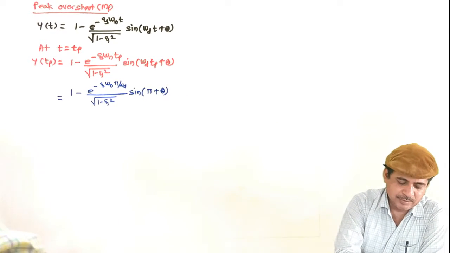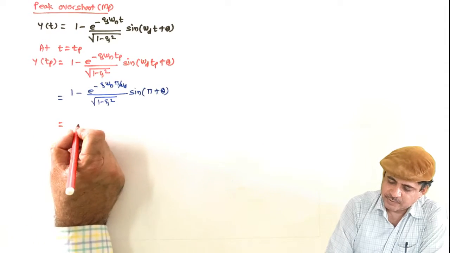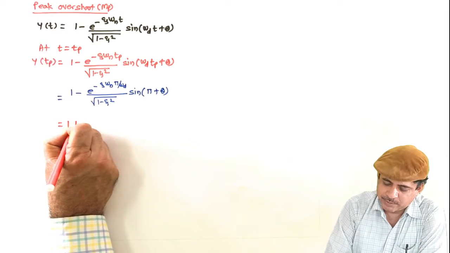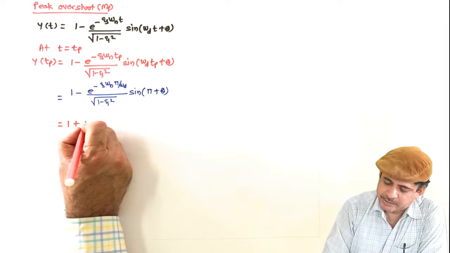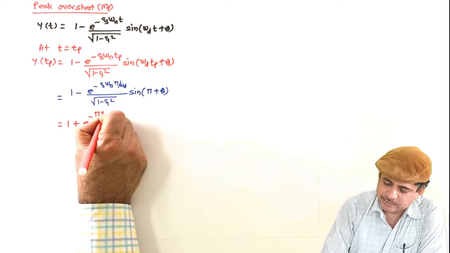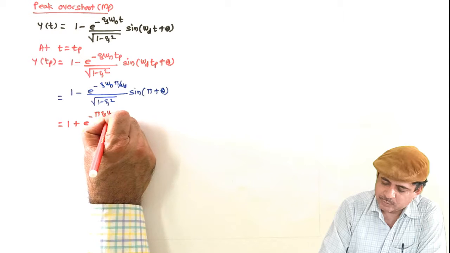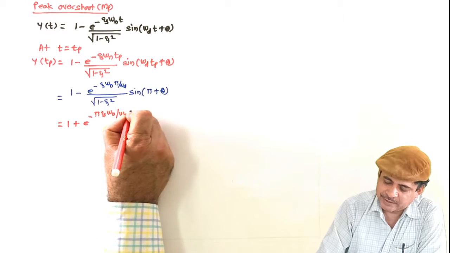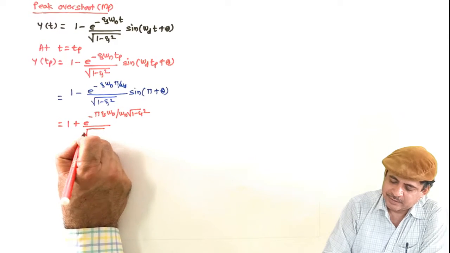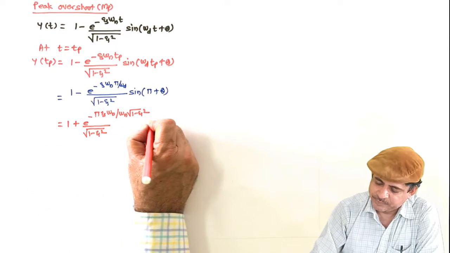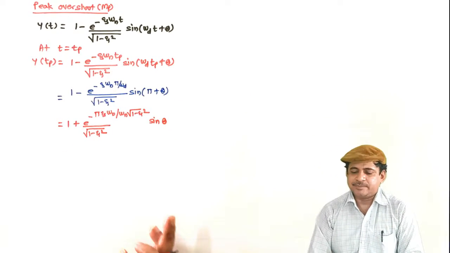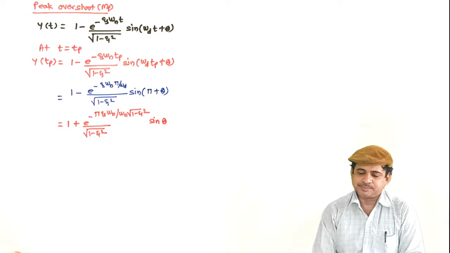And that is nothing but, sin pi plus theta is minus of sin theta, so it is 1 plus e raised to minus pi zeta omega n upon omega n into under root 1 minus zeta square, whole divided by under root 1 minus zeta square into sin theta, because sin pi plus theta is minus sin theta and hence minus minus becomes plus.